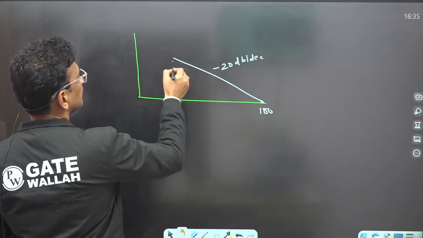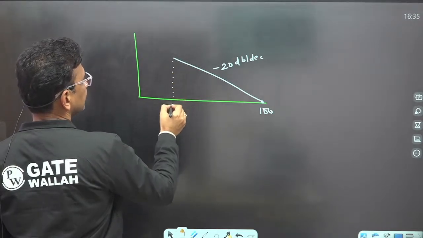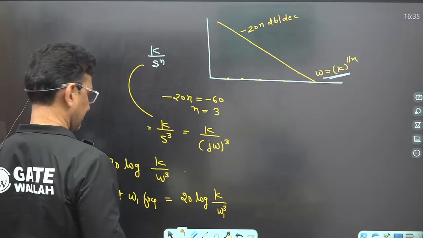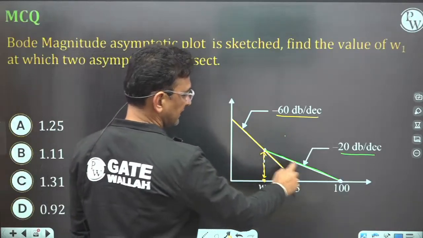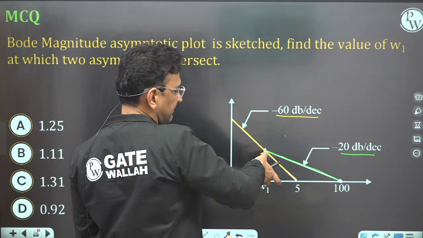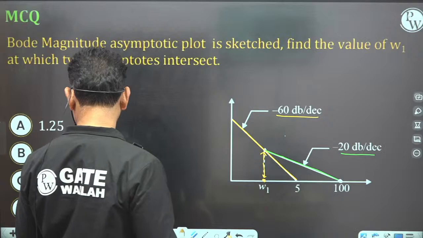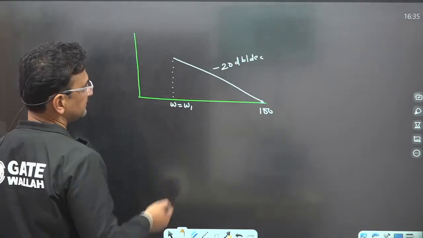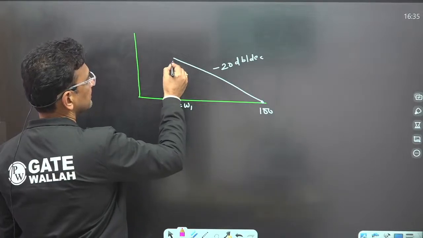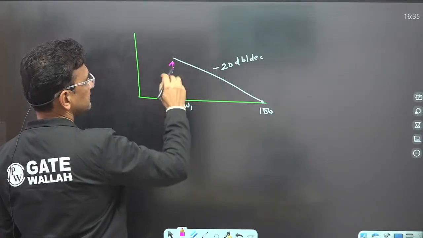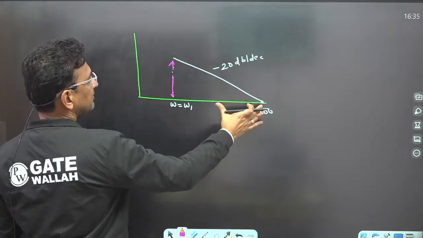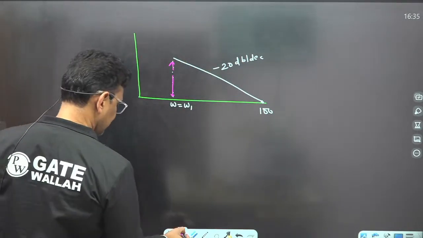Now see, this is my omega 1 frequency. I am taking this second line, 100, and omega 1 frequency. Now again find out the magnitude at omega equal to omega 1. How to find out this magnitude? The y coordinate is nothing but the slope multiplied by x.